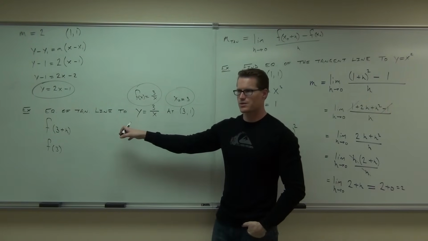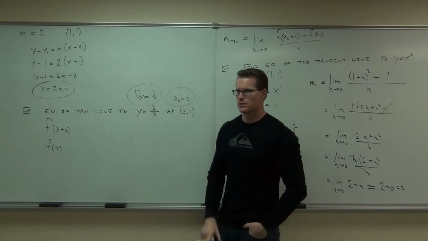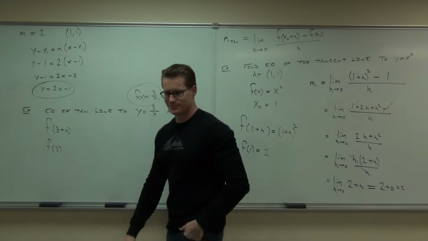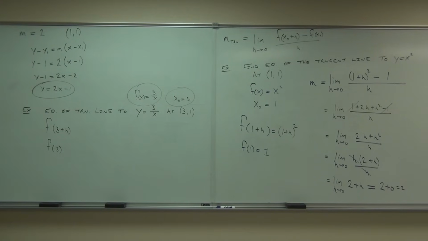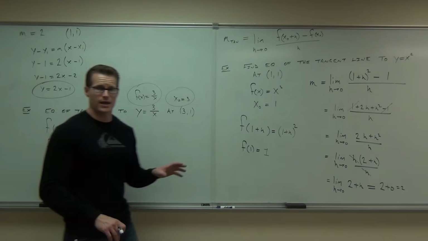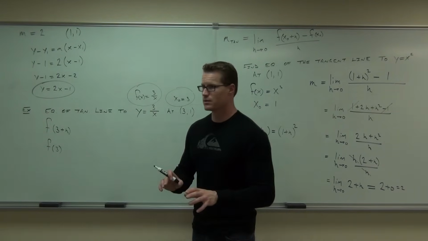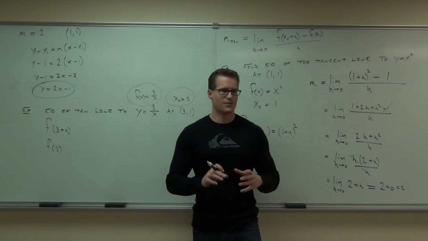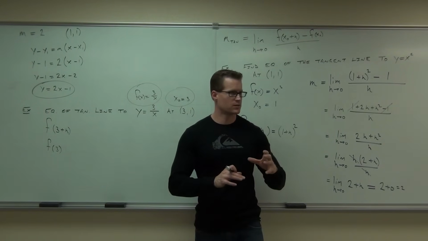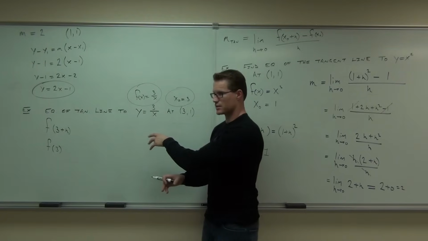Did you already find that as I was talking? Firstly, are you okay that x sub 0 is in fact 3? Yes or no? Are you okay that f of x is 3 over x?